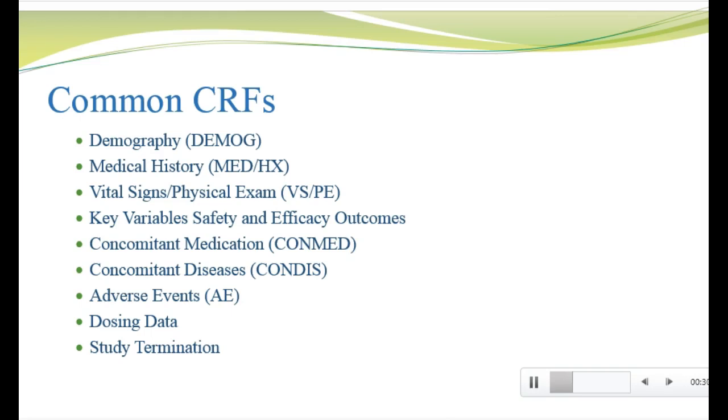Demography, medical history, vital signs, physical exam, con meds, and con diseases are often part of the baseline data that is collected to establish the subject's starting condition prior to treatment. In some cases, this data is also used to determine whether the patient meets the inclusion and exclusion criteria for the protocol.